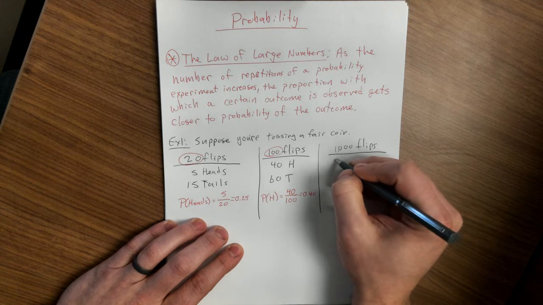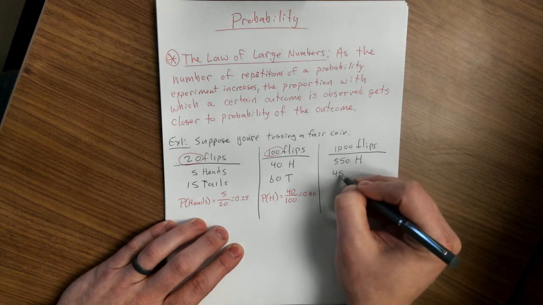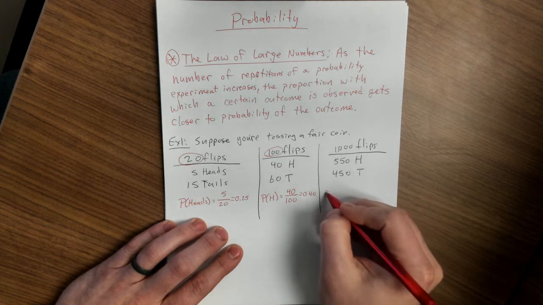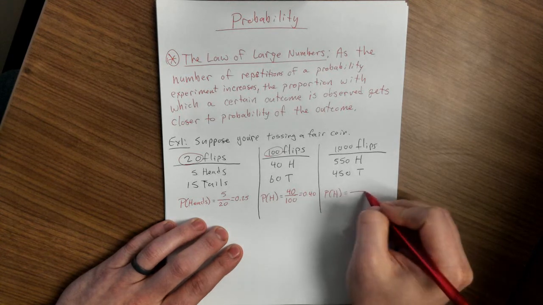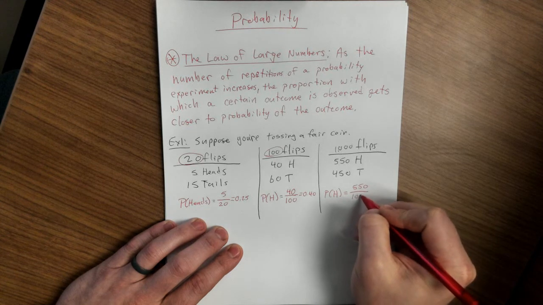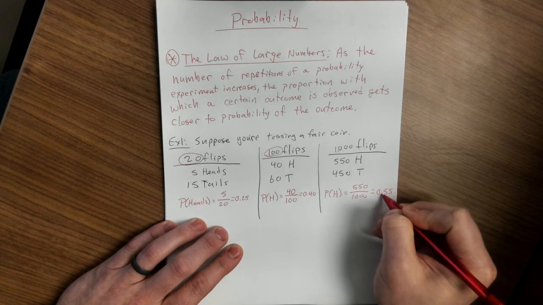Just one more, let's say 1,000 flips. This time, let's say I kept flipping and now I have 550 heads, 450 tails. So the probability of a heads is equal to how many we're looking for, divided by the total number. And here we get 0.55, or 55%.